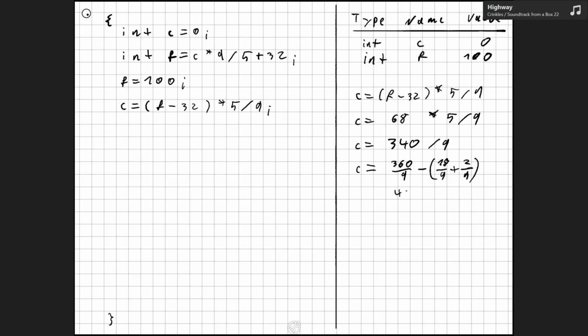And this would be 40 minus 2 plus 0.2 repeating. So this is actually just 40 minus 2 minus 0.2 repeating. So 38 minus, and that would be 37.7 repeating.